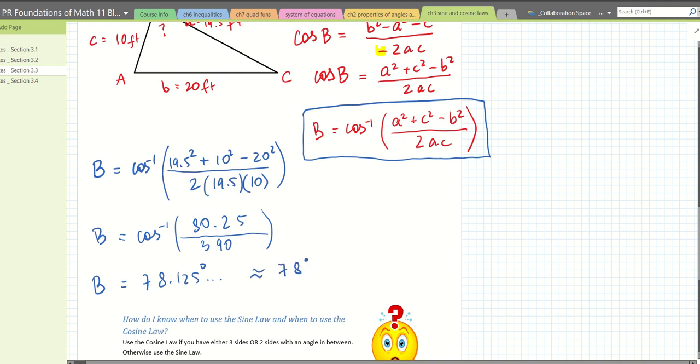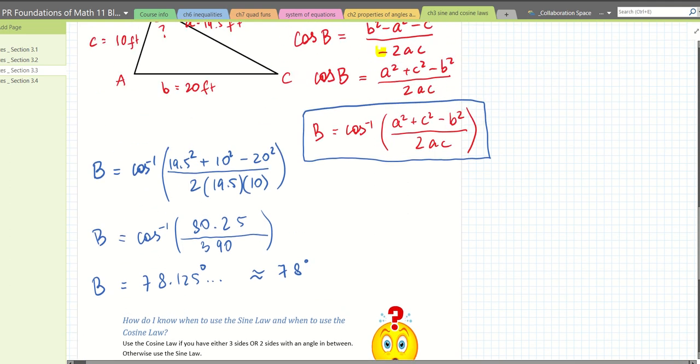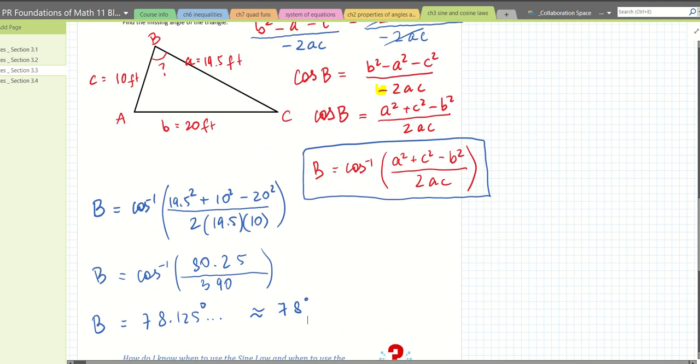So in this case, angle B is 78. Now once you know the angle B is 78 degrees, if you're asked to find every other side or angle, you can use sine law to find angle C or angle A, and that'll be quicker than using cosine law again.